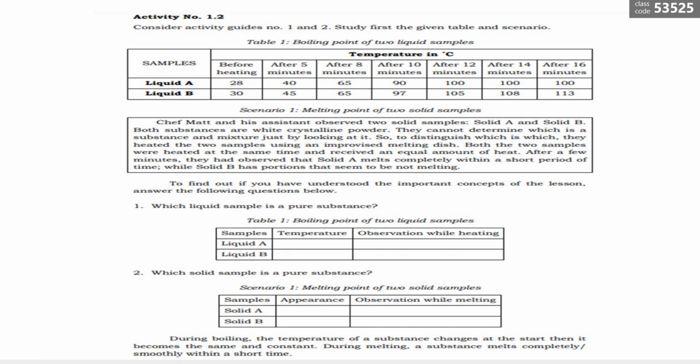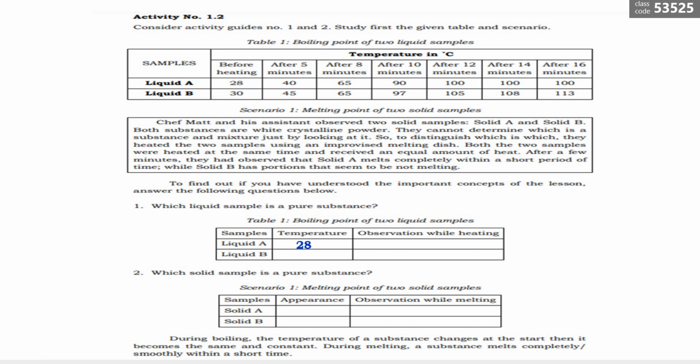Okay, very clear. To find out if you have understood the important concepts of the lesson, we need to answer the following questions below. Number 1. Which liquid sample is a pure substance? Given table 1, boiling point of two liquid samples. What is the temperature for liquid A?